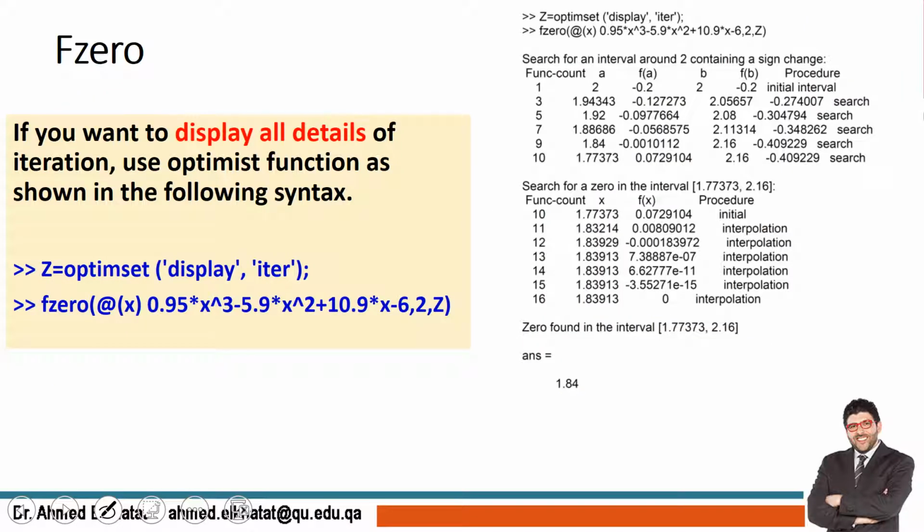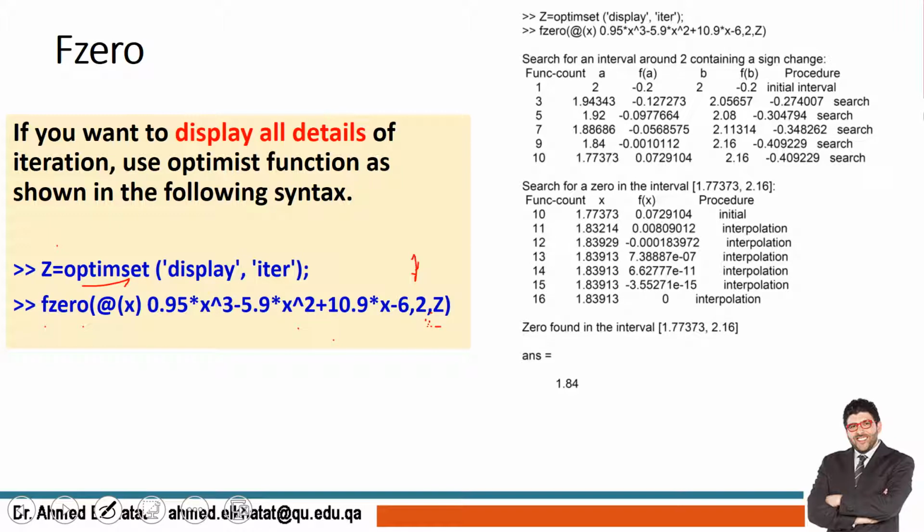Now if you want to show all the iterations of fzero, instead of getting only the final solution, you have another interesting function called optimset. So here we can put fzero, @ and put the equation, and then the interval, and then we can put a variable. We will define it here. This variable uses the function optimset with Display and iter.